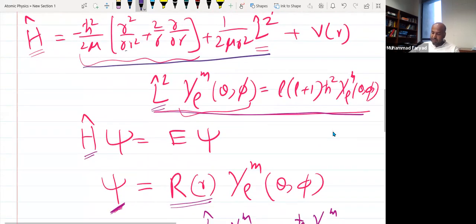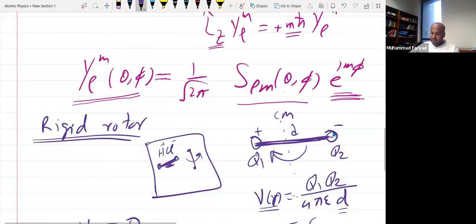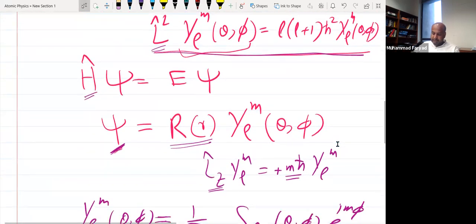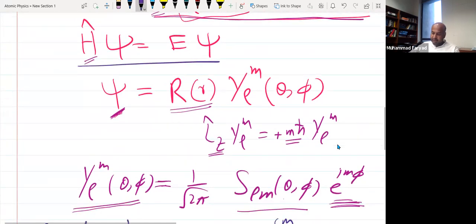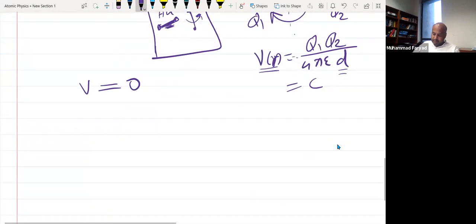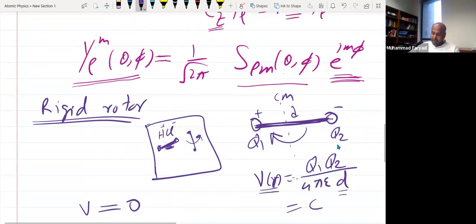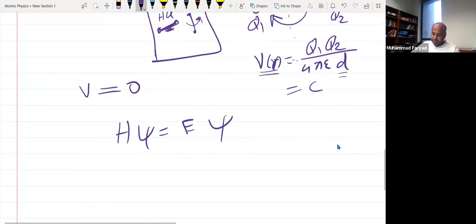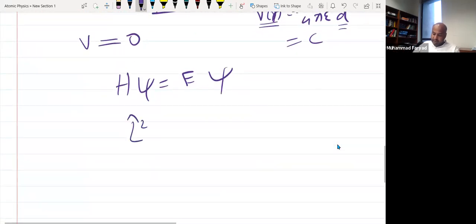So essentially our differential equation will just be H psi equals E psi, and the Hamiltonian is now just L square over 2 mu R square, and R is D. So the Hamiltonian is L square over 2 mu D square.